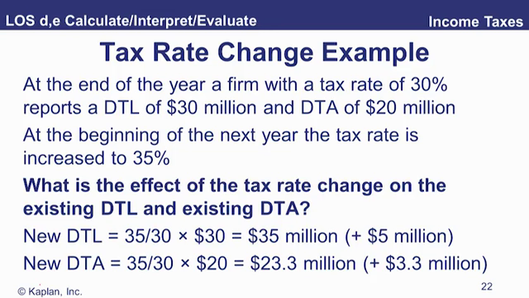Now, if our deferred tax liability is increased by 5 million, our tax expense is going to increase by 5 million as well. When we increase the deferred tax asset by up to 35%, notice it rises to 23.3 million. That's a 3.3 million increase in our deferred tax asset. Now, because the deferred tax asset's gone up by 3.3 million, the tax expense will go down by 3.3 million.